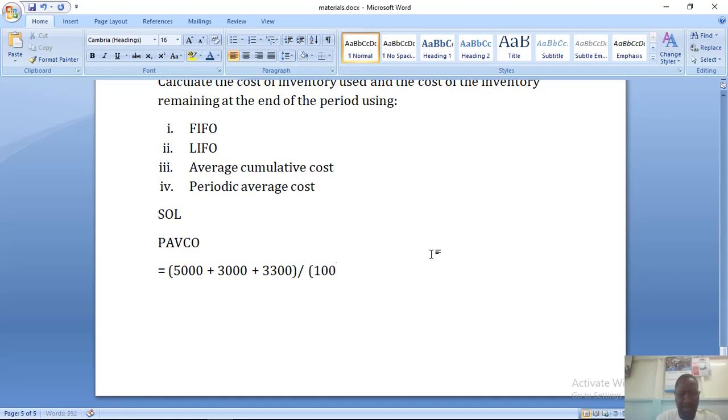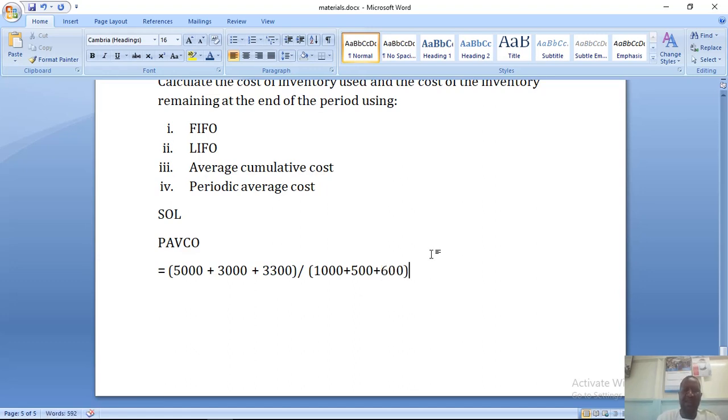We have 1,000 units opening plus 500 units received on another date, plus the 600 units.